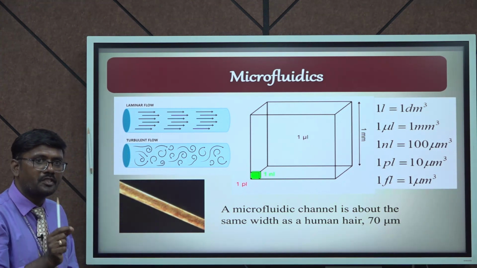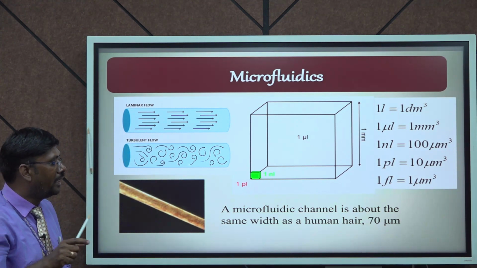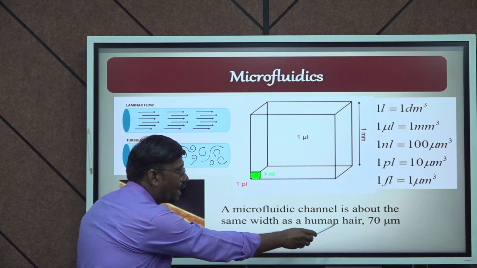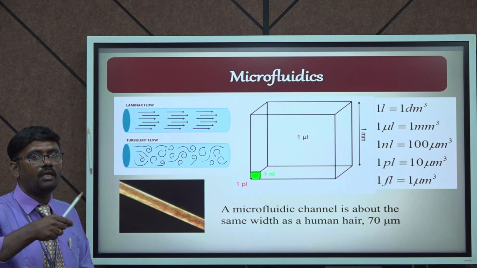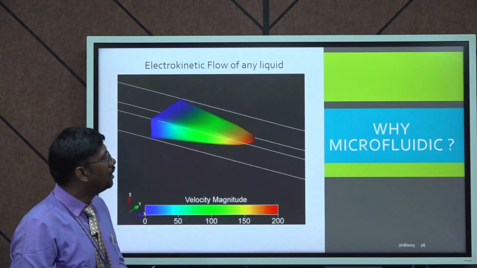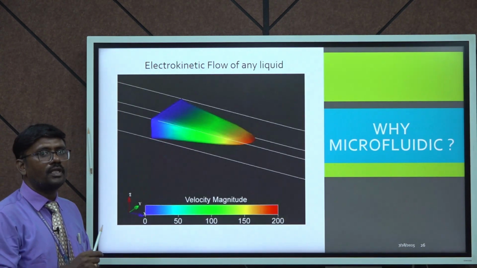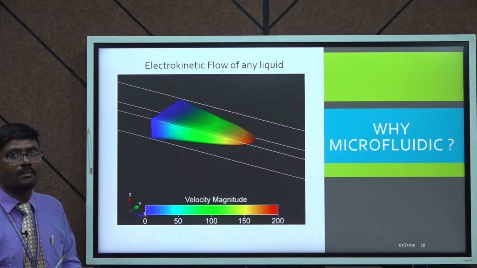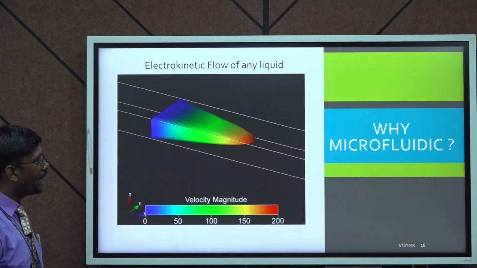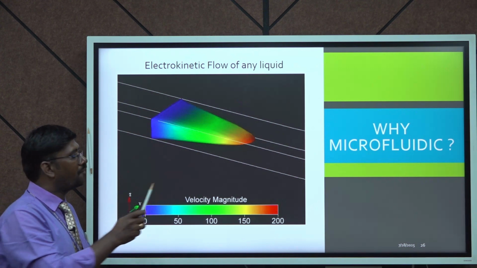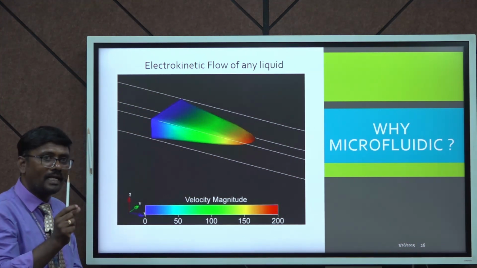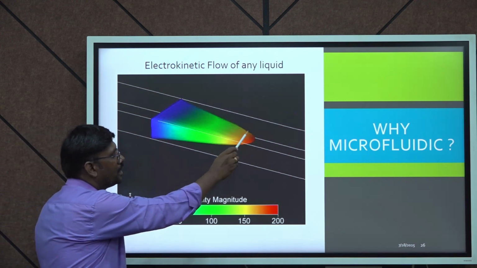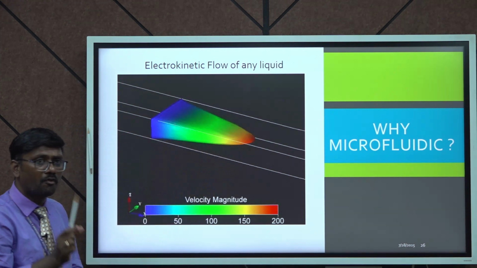Usually the microfluidic chamber thickness is like a human hair, 70 micron thickness, and that much micro volume will be processed. You could ask, why go for the microfluidic chamber, why not a macrofluidic one? If you look at the property of liquid flow through a micro channel, the velocity is very high at the tip of the microfluid.